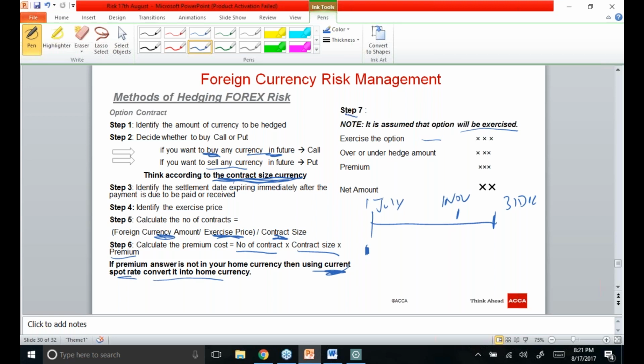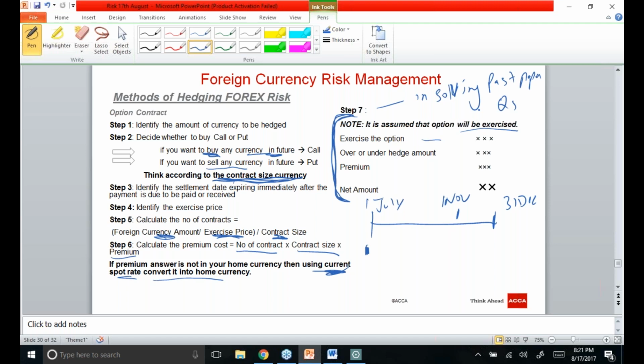We will try to learn this step in solving a past paper question. So let's move to the past paper question.